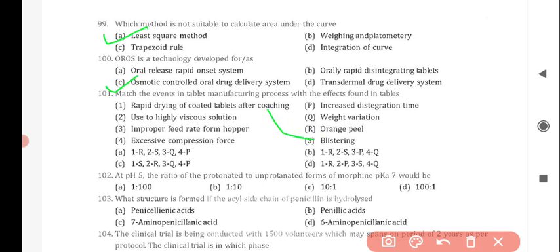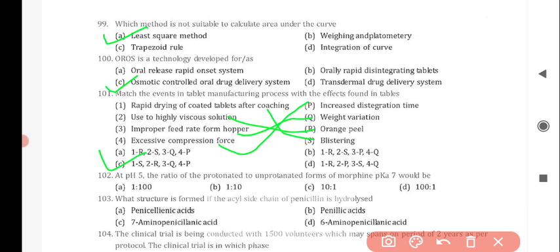Next is use of highly viscous solution. It correctly matches with option R, that is orange peel. Third is improper feed rate from hopper, and it correctly matches with option Q, that is weight variation. And for excessive compression force, it correctly matches with option P, that is increased disintegration time. So option C is correct for this question.